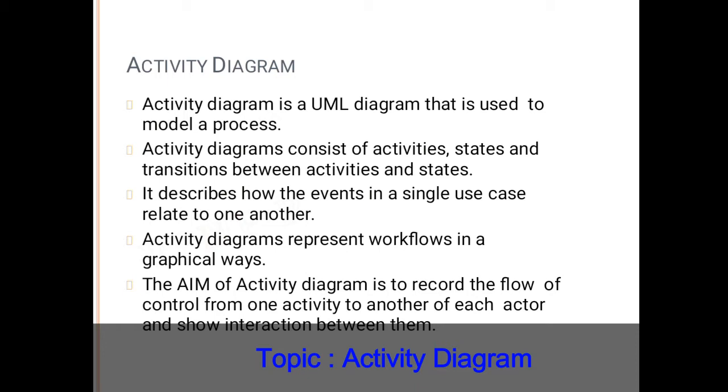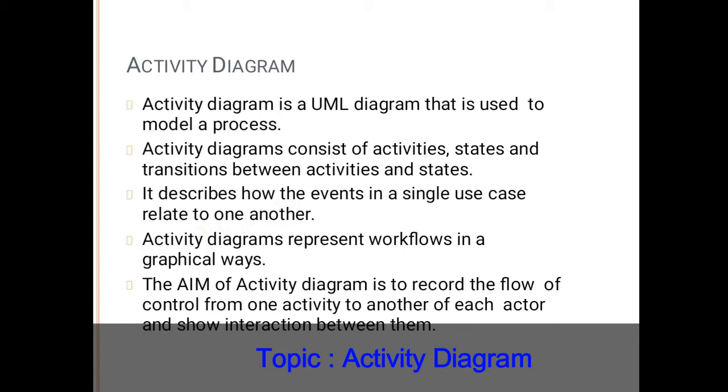The aim of an activity diagram is to record the flow of control from one activity to another for each actor, and to show the interaction between the user, whom we can also call a client or employee, and the system. Suppose I give the example of a bank ATM system.